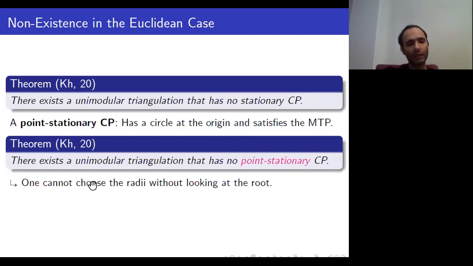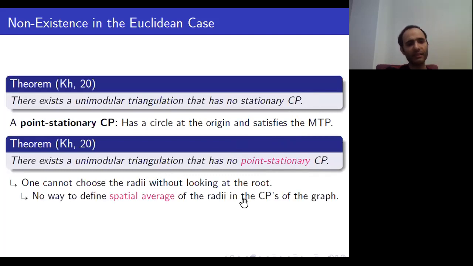One way to do this would be to consider a global quantity like a spatial average of the radii and scale it such that the spatial average is 1. So this implies that in our example, there is no way to define a spatial average. There are a large number of very large circles and a large number of very small circles that makes it impossible to define a spatial average.